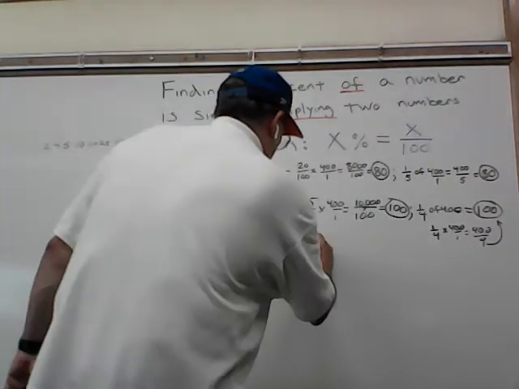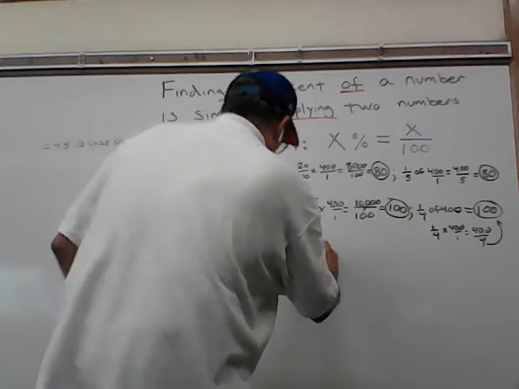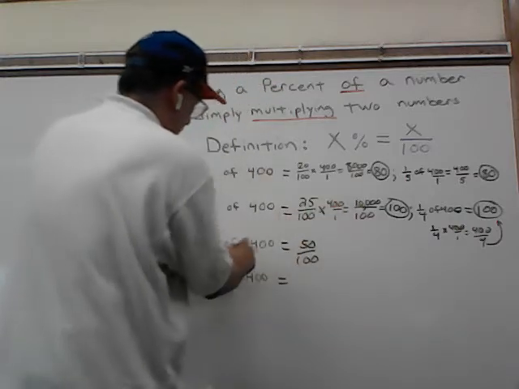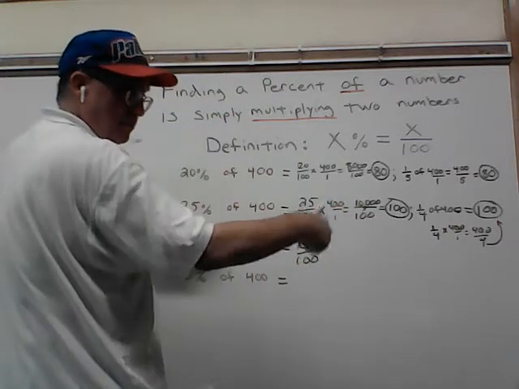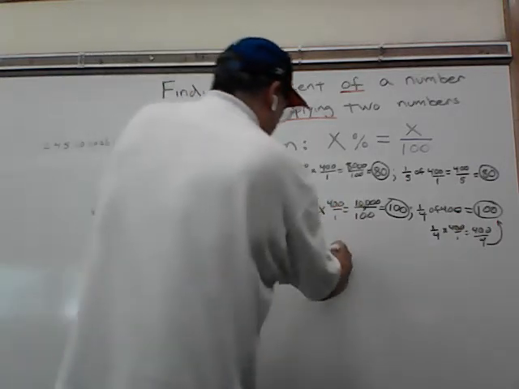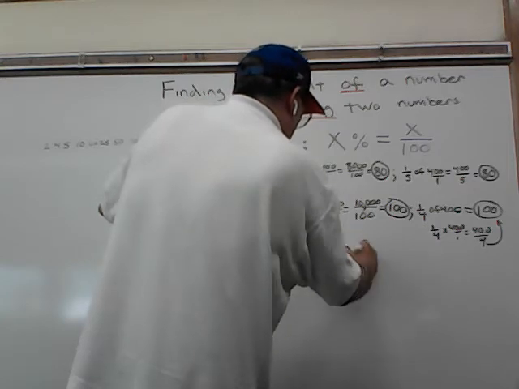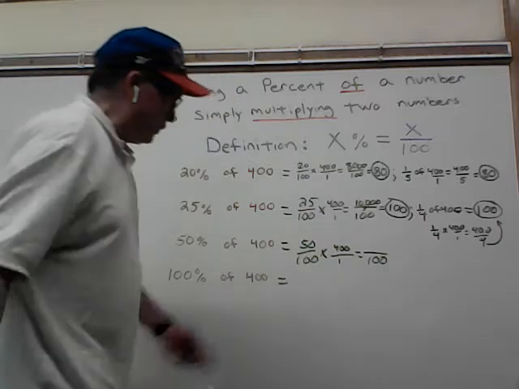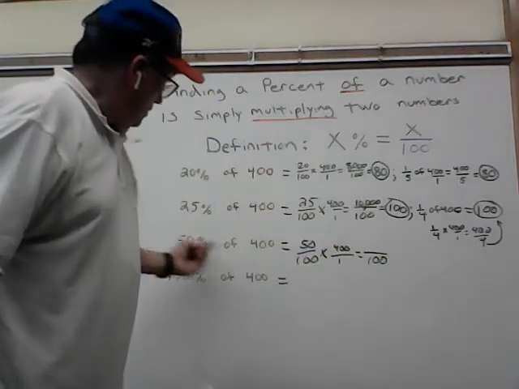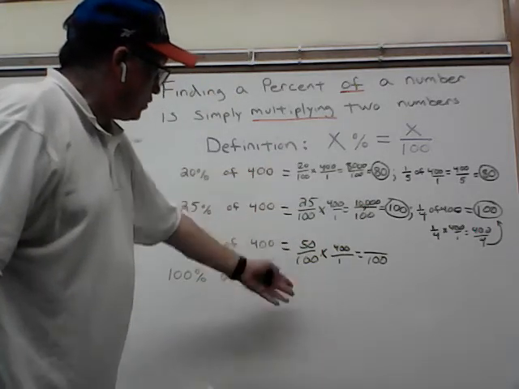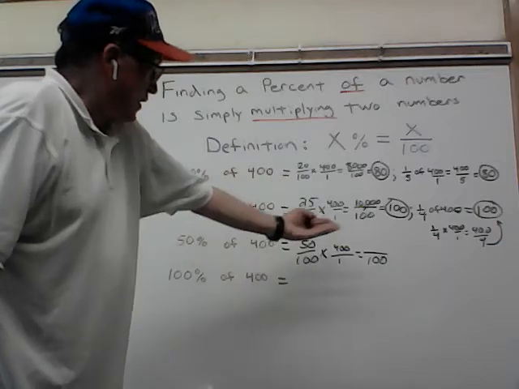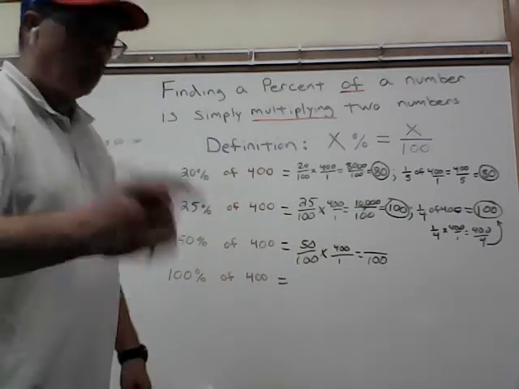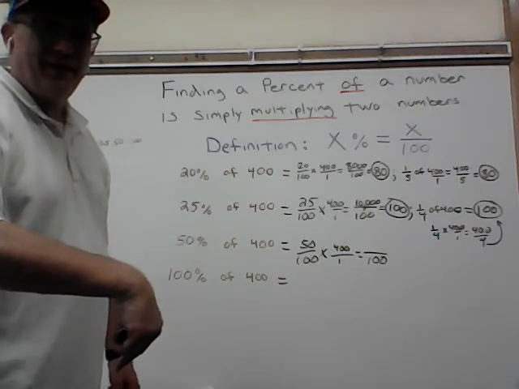Right? Let's look at the long way. 50% is 50 over 100. We are multiplying, finding a percent of a number. Of is multiplied. 400 here over 1. 100 in the denominator, of course. When we don't simplify these percent fractions, we're going to get 100 in the denominator. 50 times 400 is a 20 with 3 zeros after it.